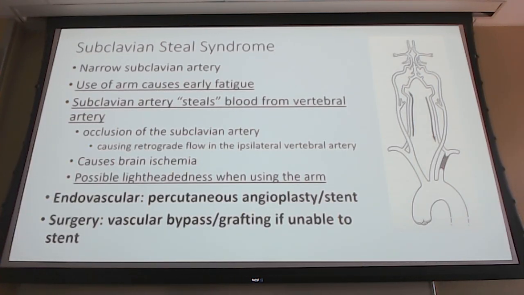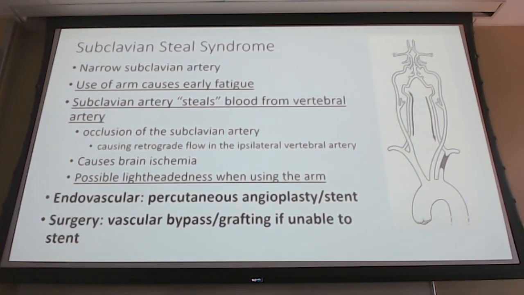So you have the vertebral artery on the right will have blood come up, and then the subclavian will pull it back down through the opposite vertebral artery. Okay. Which you can kind of agree would probably cause some lightheadedness if you're not getting all the blood that you're supposed to your brain. Okay. So arm fatigue, lightheadedness when using that arm.